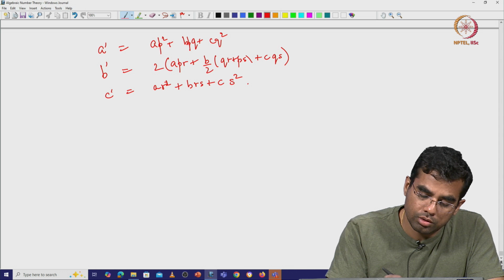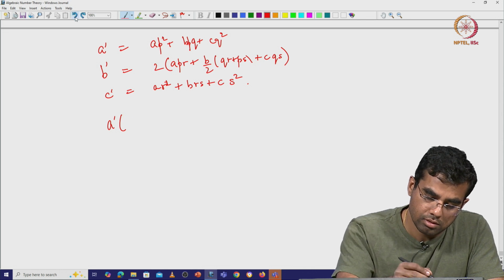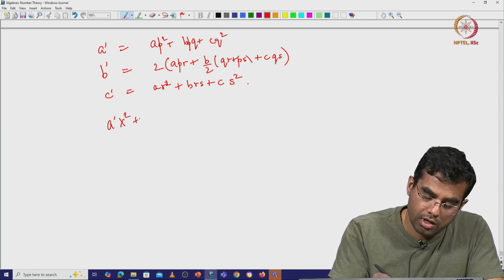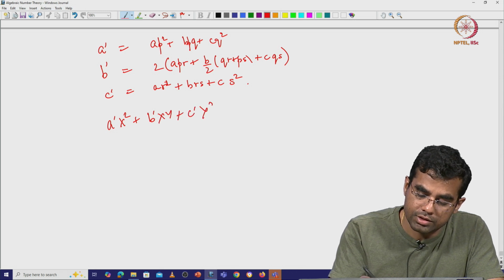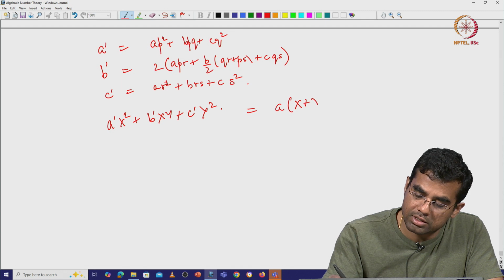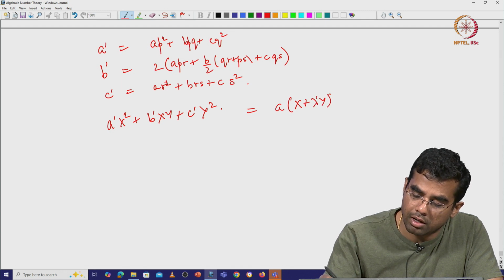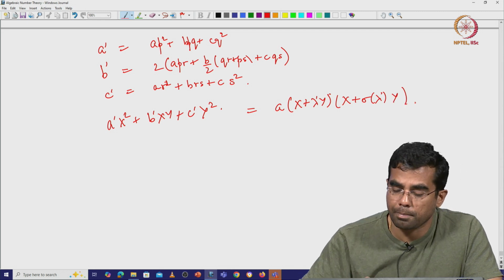right, and so if I write A prime x squared plus B prime x y plus C prime y squared, then this I want to write as A prime into (x plus lambda prime y) and (x plus sigma lambda prime y), right.